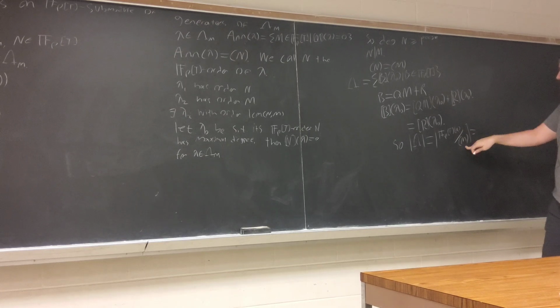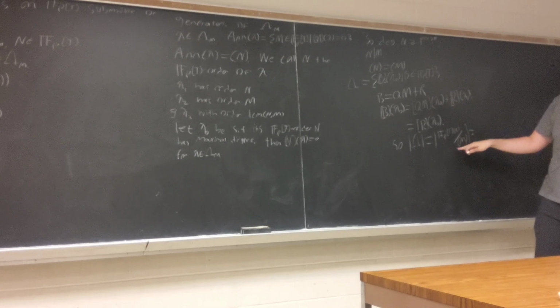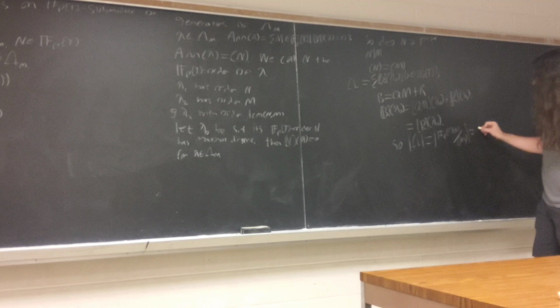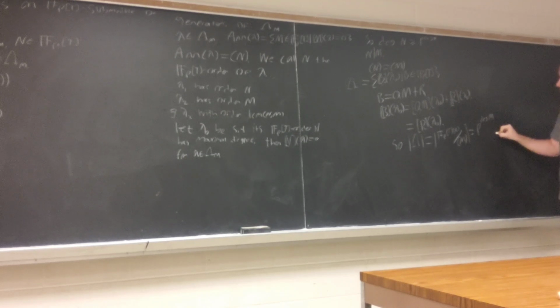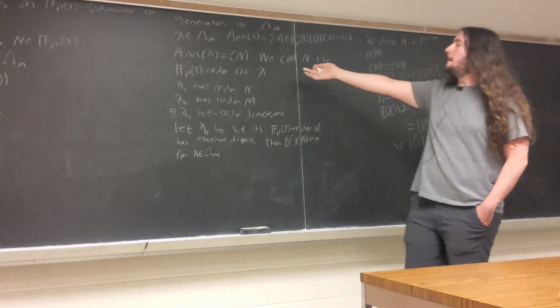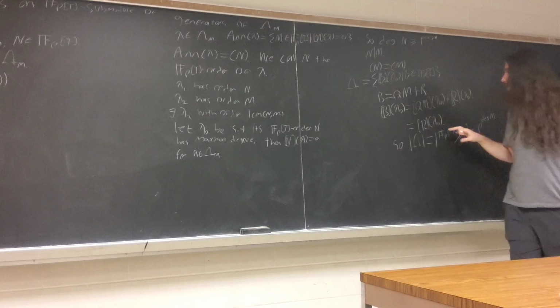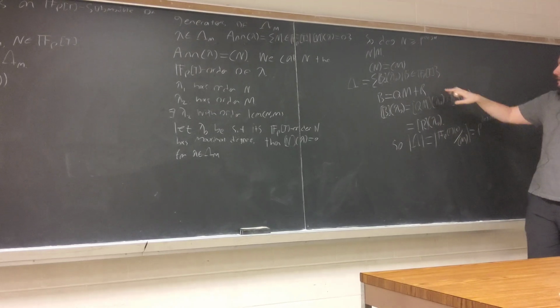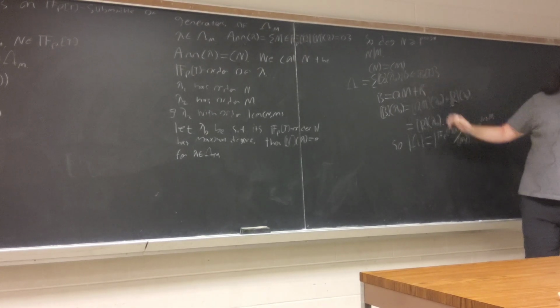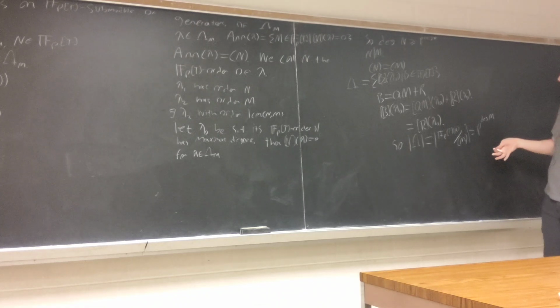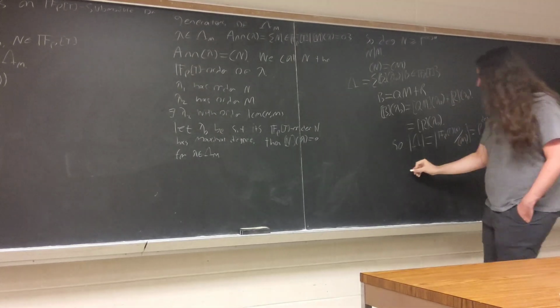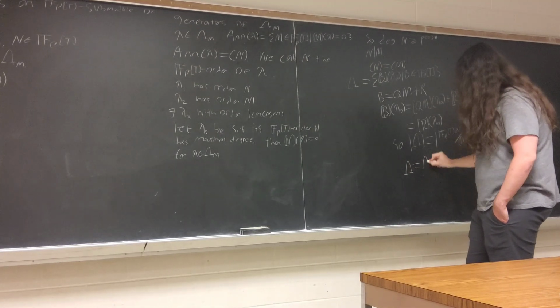And from field theory, this is just going to have size p to the degree m. And that is the size of this. And since this is a submodule, it's closed under the operation of evaluating it at B. So these are the same.